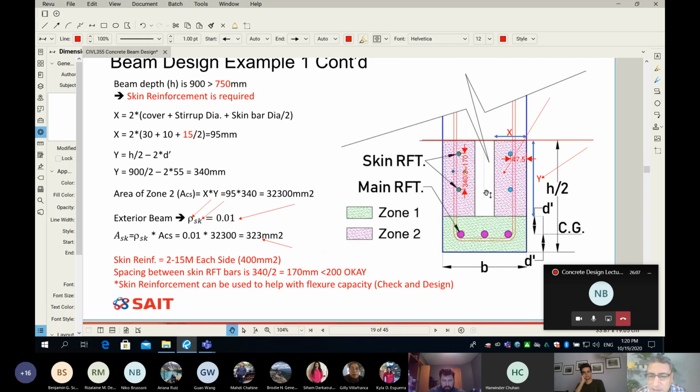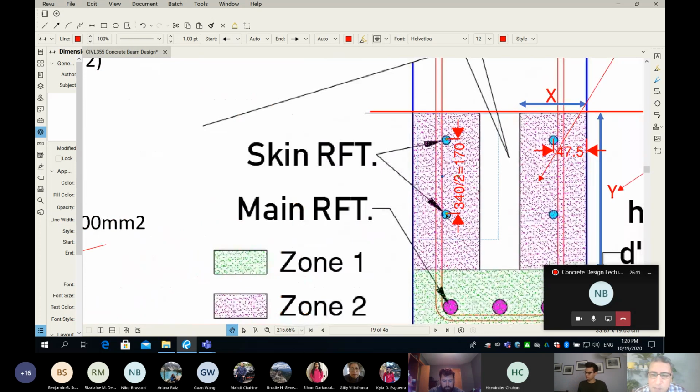Why is that? Because from this bar to the end of zone number 1, we leave a spacing over 2, and from this bar to the middle of the beam, S over 2. How many spacings do I have? One more time, guys. From this bar to the end of zone number 1, I will leave half spacing, S over 2.